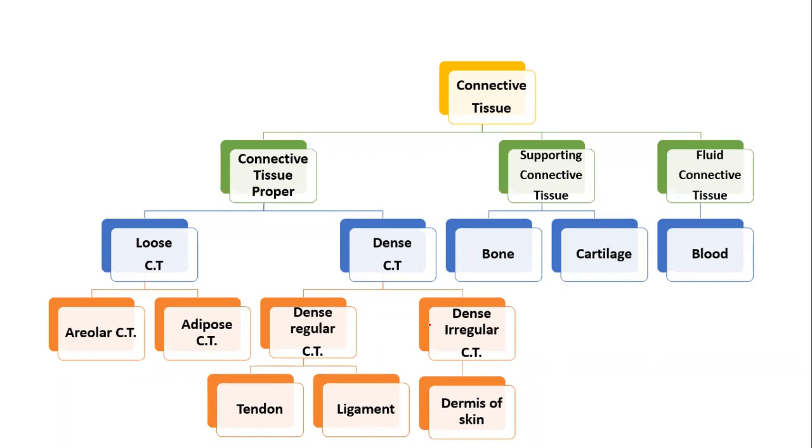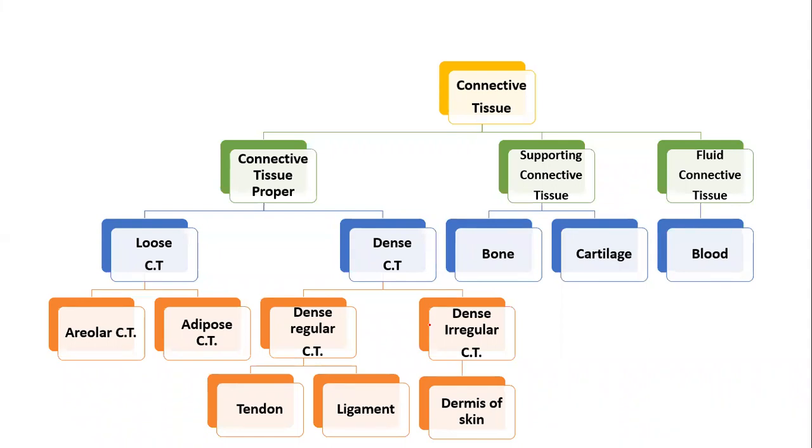In dense connective tissue, the fibers and the cells are compactly arranged together. That is the difference.